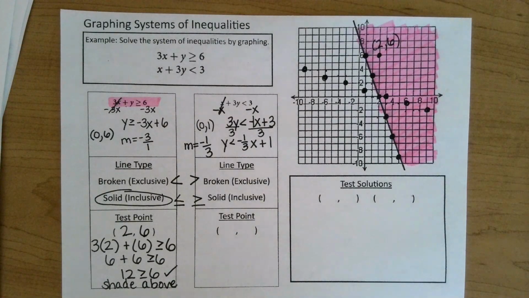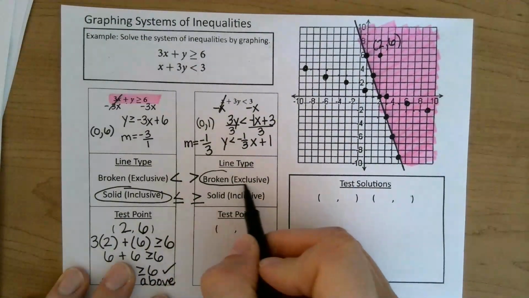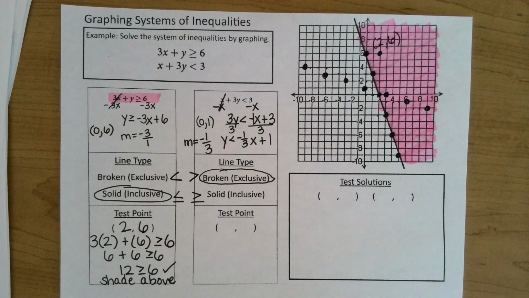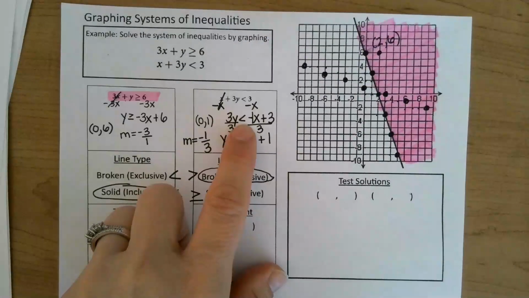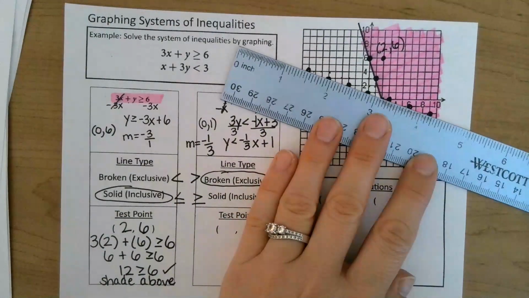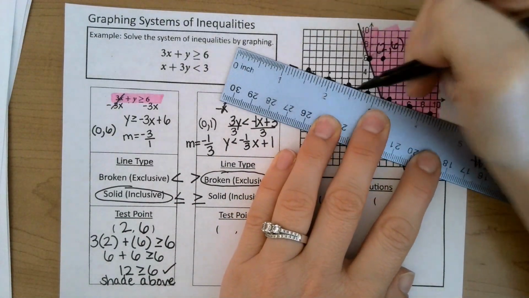Dashed or solid line? Broken. Dash, which on our paper is broken, so that's the more mathematically appropriate term. Broken is the same as dashed, and then yeah, what side would we shade? Below. So remember, if it's less than, if we're at 1 on the y-intercept, we want to shade the numbers that are less than 1, so that would be below.